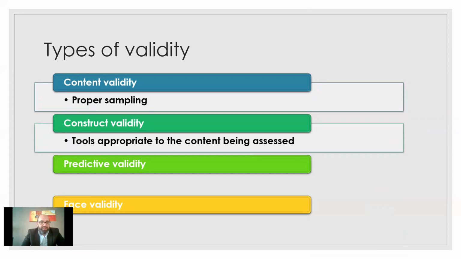And the construct validity, you are using the appropriate tools to assess the content that you are assessing. So you are not using, for example, the OSCE to assess knowledge. For knowledge, you use MCQs. For clinical skills, you better use OSCE. This is an example of the construct validity, a very simplified one.